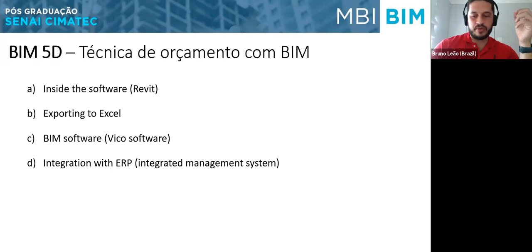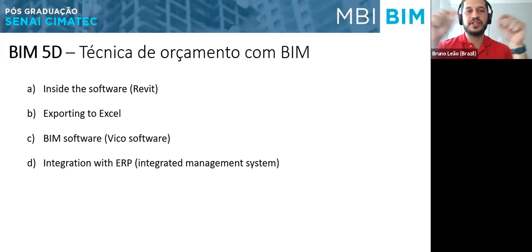I don't know if you have already noticed, probably you all have. Inside the parameters of any family or any object in the model, there is one field for costs, execution costs.